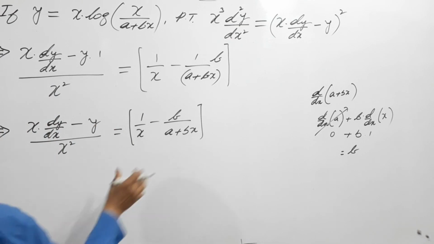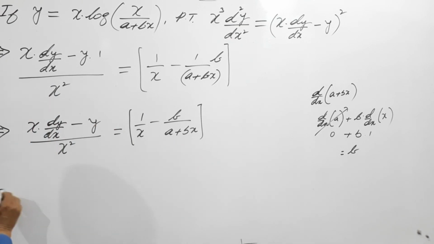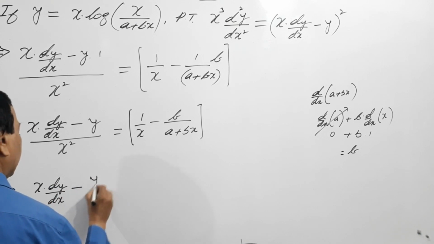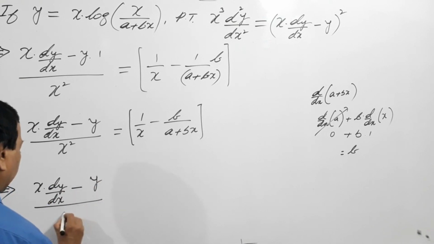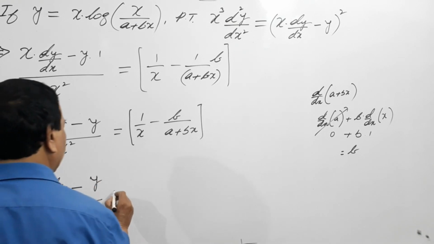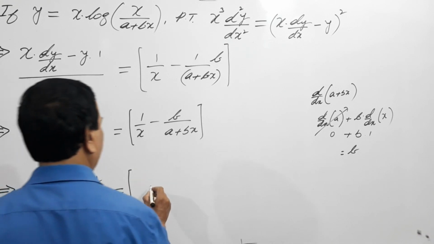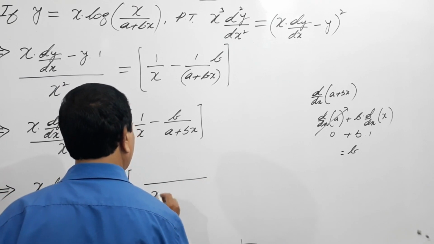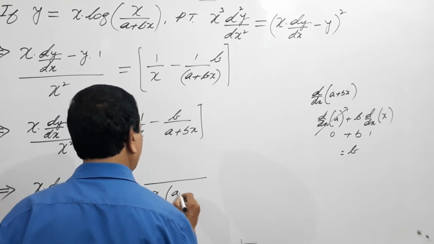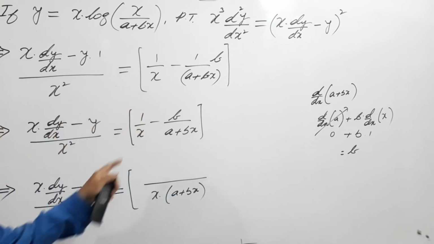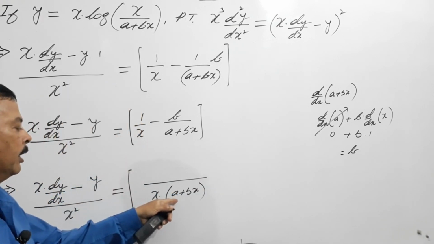So at this stage I will take the LCM, that is x into a plus bx. The x cancels, we are left with a plus bx.